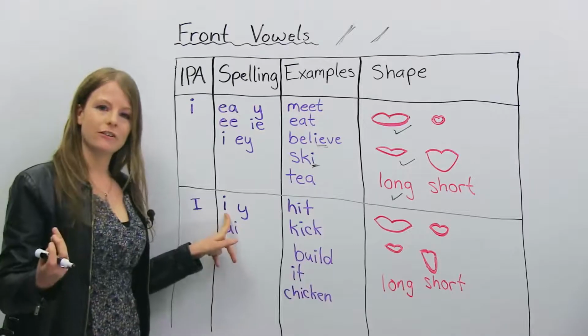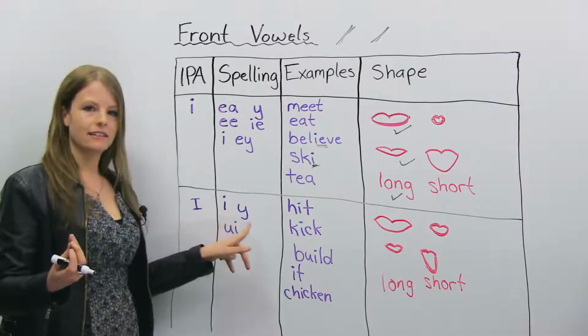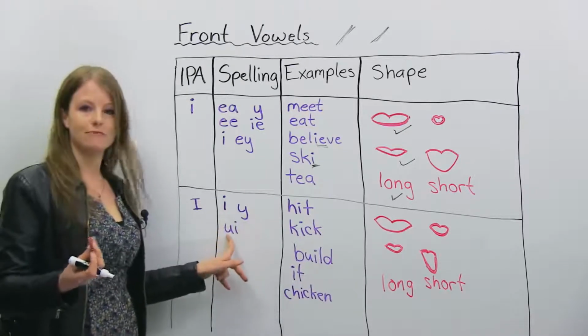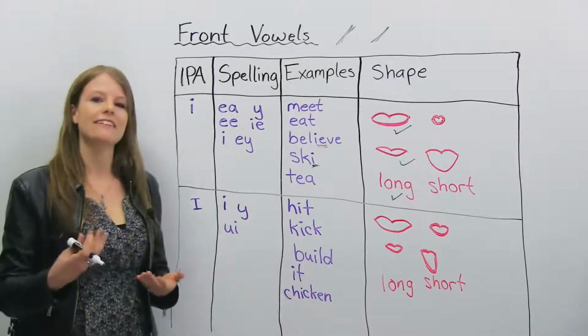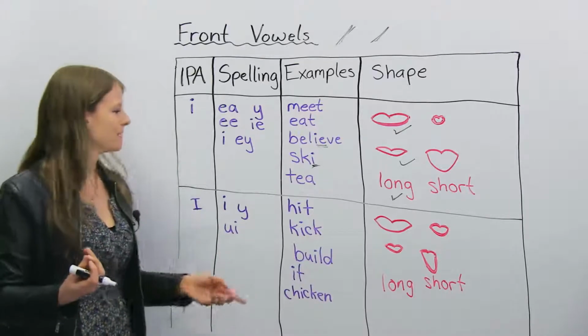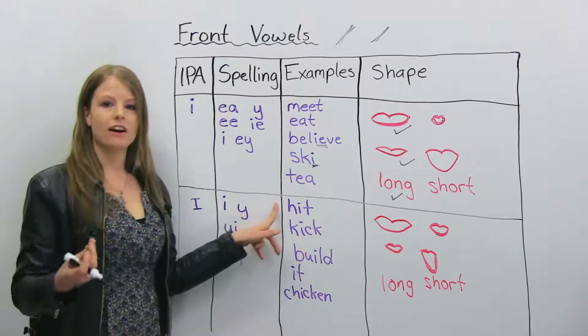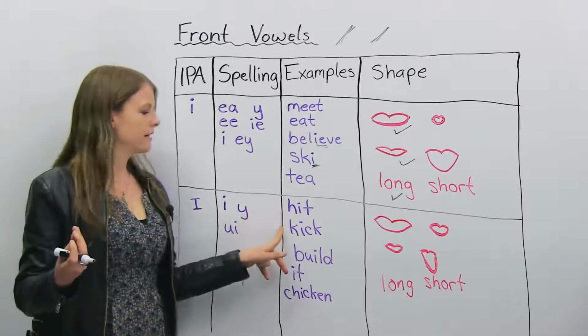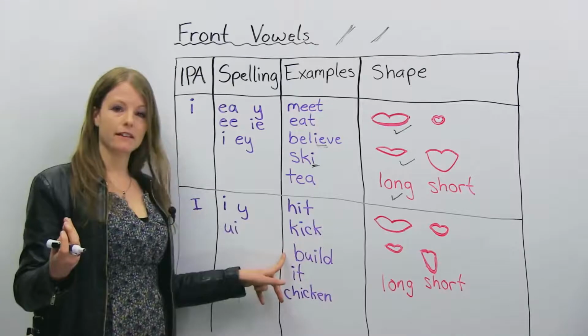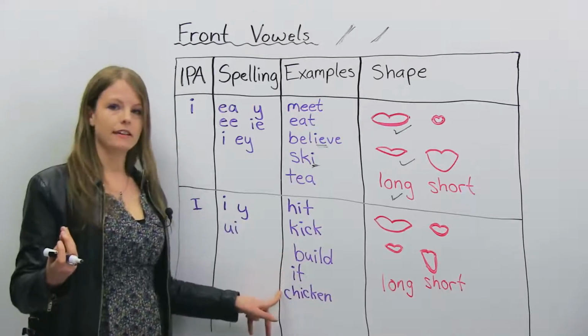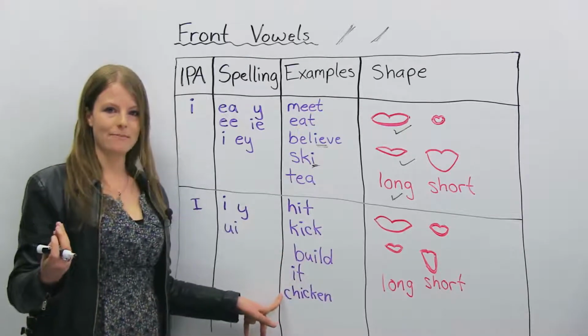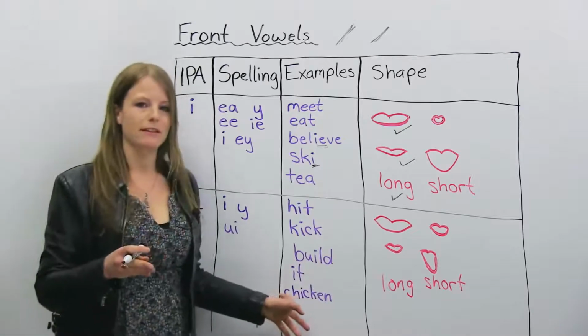Usually we spell this with sometimes an I, sometimes a Y, and sometimes UI. So there's multiple spellings to get to this vowel sound. Some examples of it are in the words hit, kick, build, it, chicken. And we'll practice those in a moment.